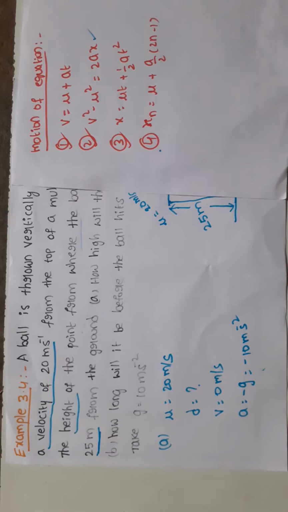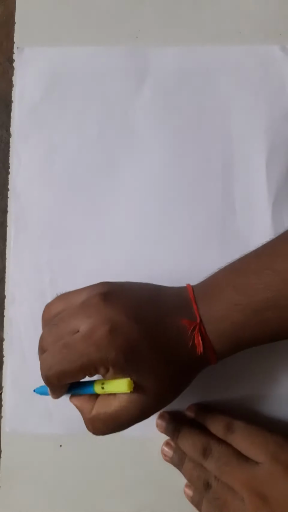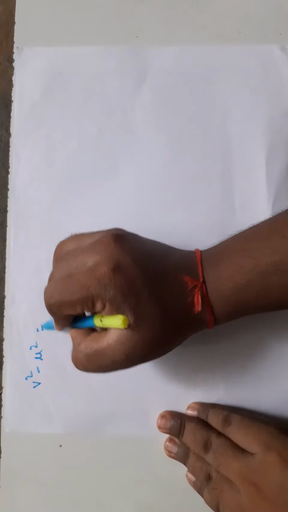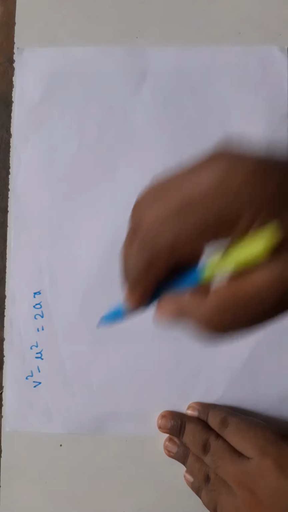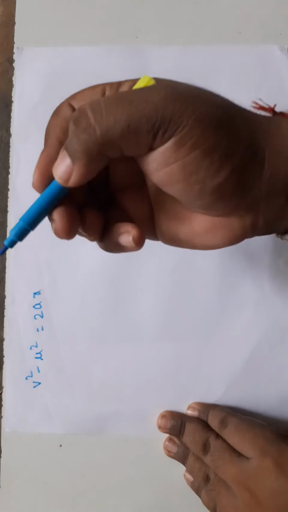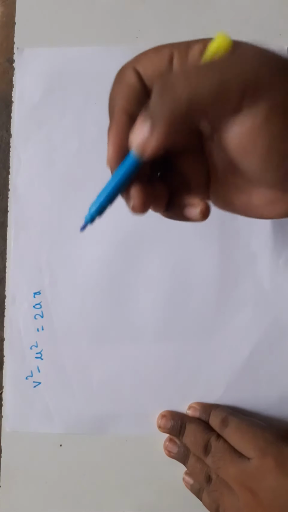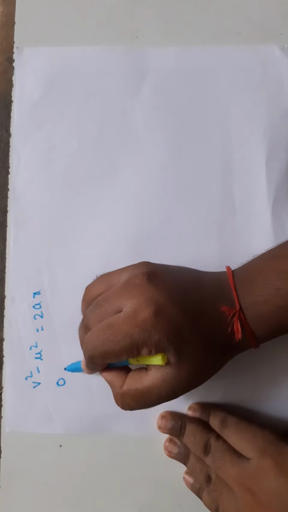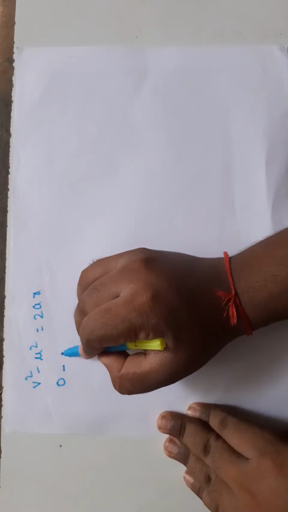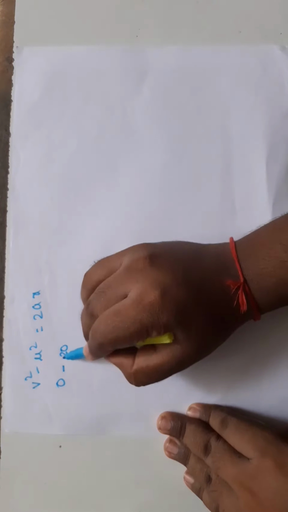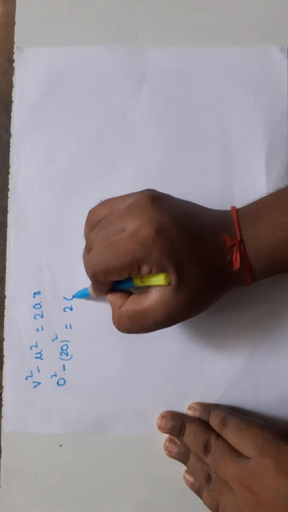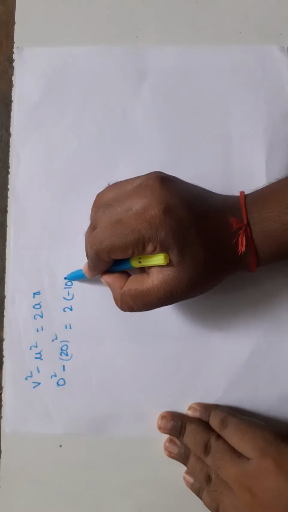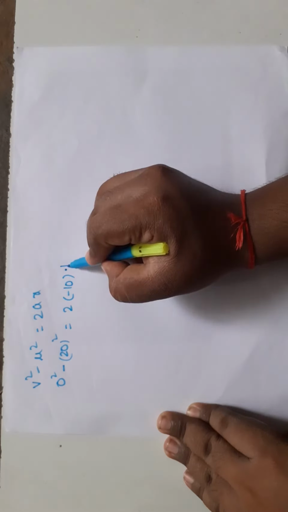What is that formula? v squared minus u squared equal to 2ax, where x is displacement or distance, how much maximum height is travelled by the ball. So v means 0 meters per second, u means 20 meters per second whole squared. Next, 2 into acceleration value minus 10, x value means d, distance.